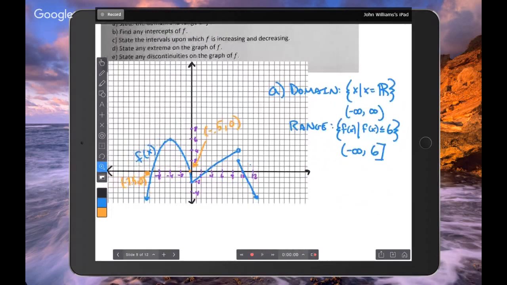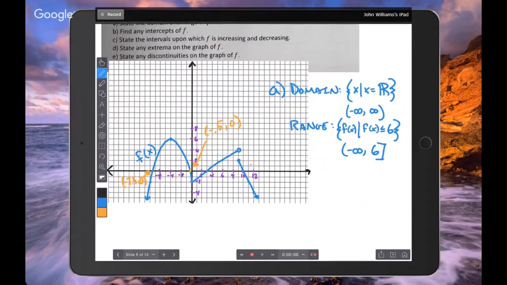So those were the intercepts, B. We've got an intercept at negative 7.50, another at negative 0.50, one at 0, negative 2, and that's a y-intercept. Then an intercept at 3, 0, and the last x-intercept is at 10, 0.